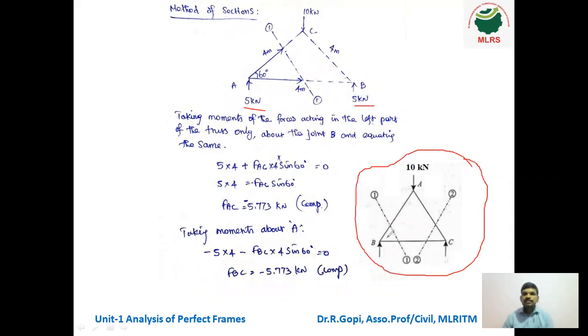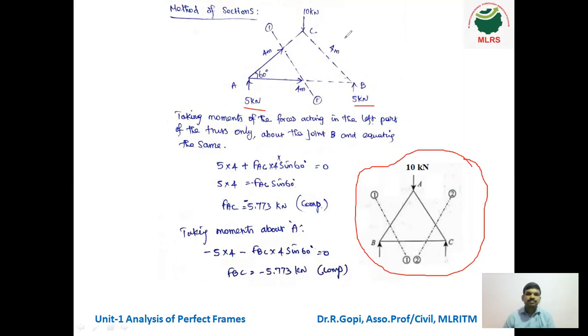This is the free body diagram. First I want to know the forces in the members AC and AB. For AC and AB, I have to draw a section line like this, line 1-1.